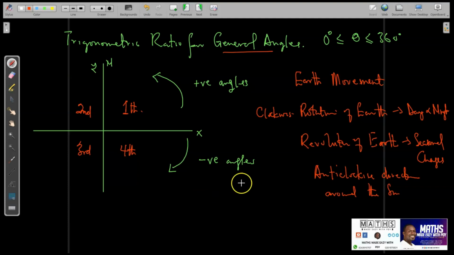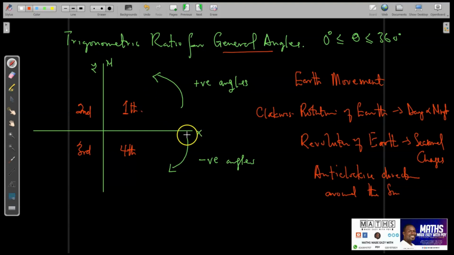Yes, please. Due to these concepts, the idea of trigonometric ratios and bearing came on board. Please remember, for trig ratios, angles are measured from the positive x-axis in the anti-clockwise direction, whilst bearing angles or directions are read from the geographical north in the clockwise direction.